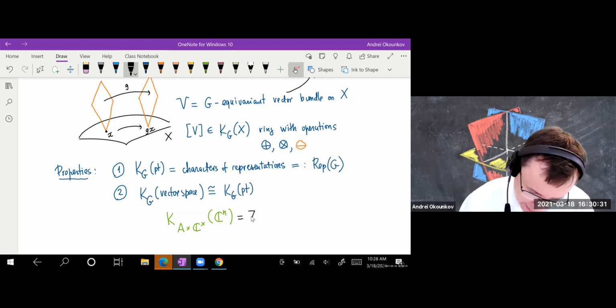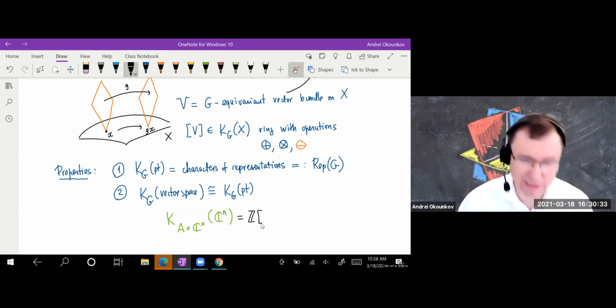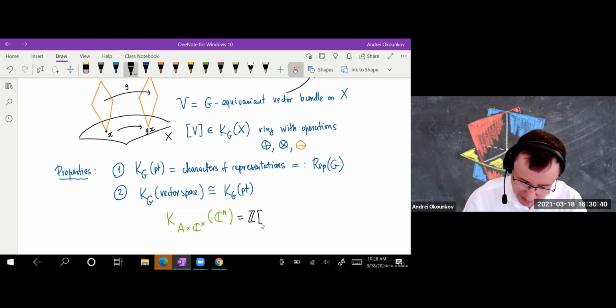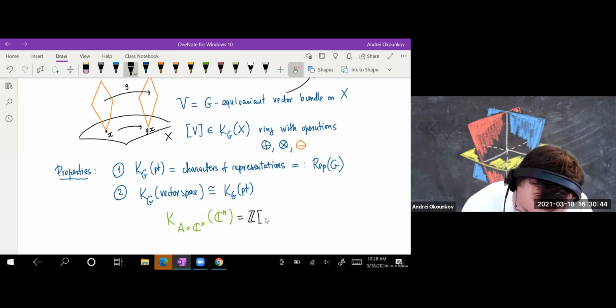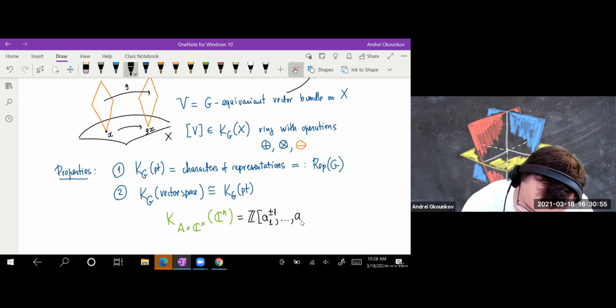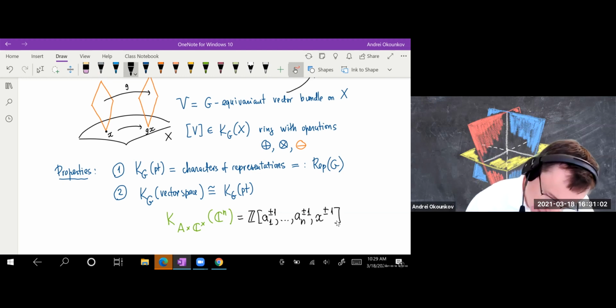K-theory is defined over integers. In fact the whole theory we're discussing here is defined over integers, but you can extend scalars to any field you want. What are the characters for irreducible representations of a torus? Just Laurent polynomials. So this would be the Laurent polynomials, and we were talking about Laurent polynomials. And then there's one more thing for this extra C star.